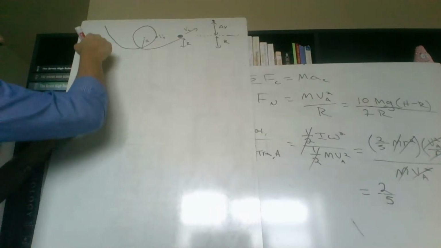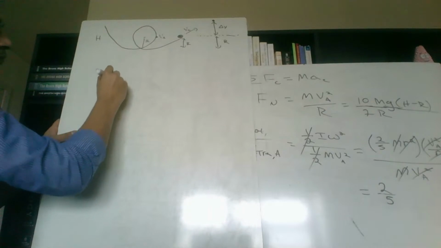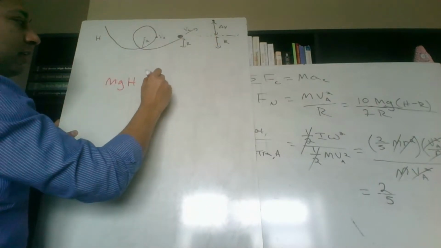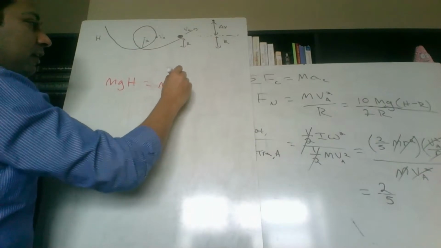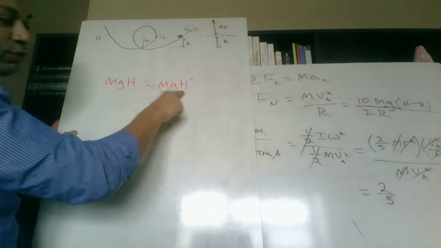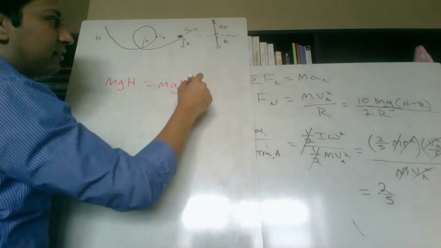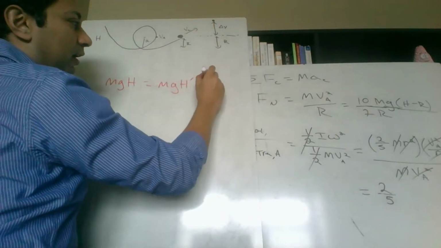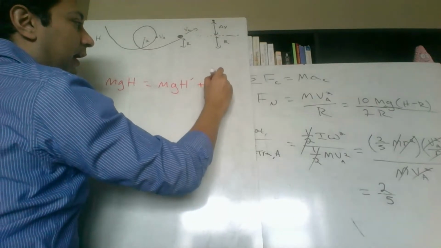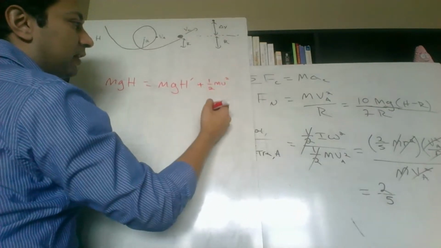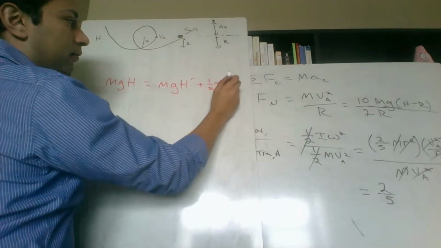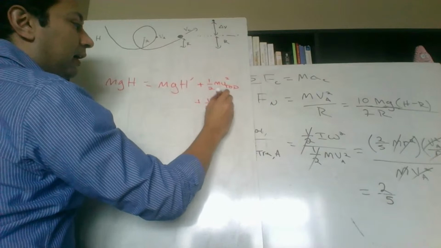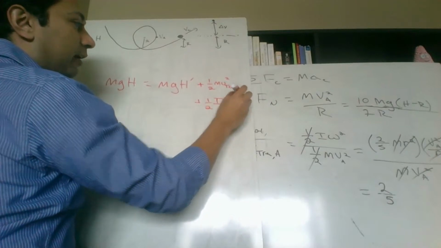So what you would write is the energy at the top right here, which is mgh. And over here, you would write mgh prime. That's what we're trying to solve for. Plus, it's got kinetic energy, 1/2 mv squared at the top, plus 1/2 I omega squared.